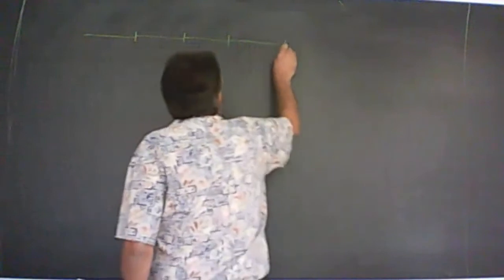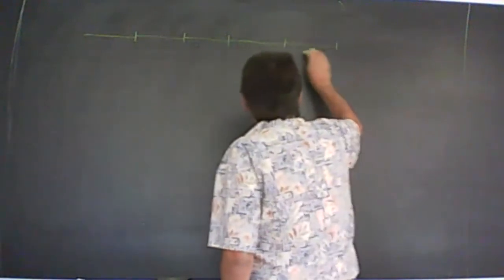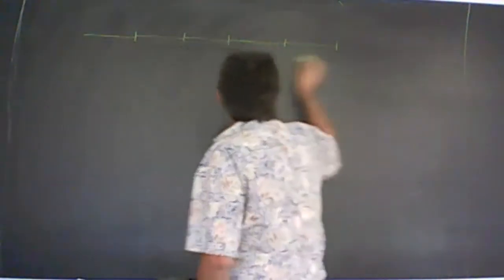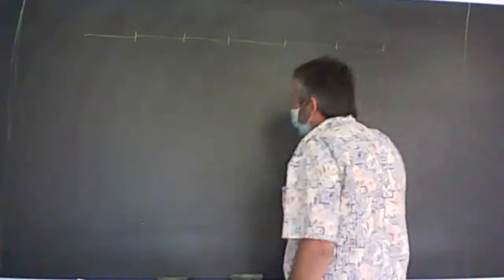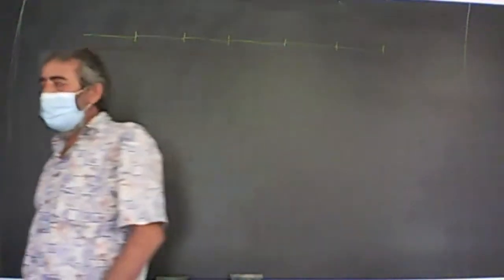So basically, let's say we have a certain type of annuity. I'm just going to say 6 periods, nothing more. And you decided to deposit one amount at the end of every period.